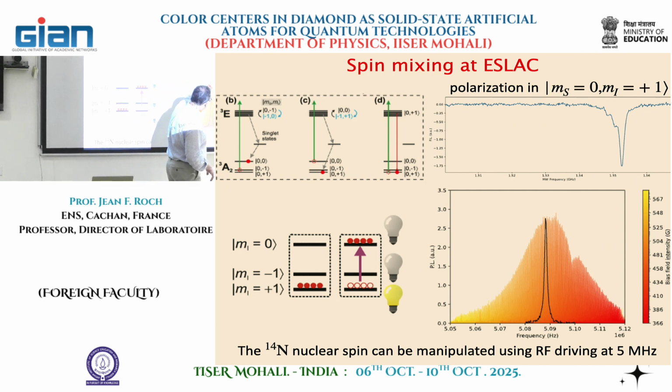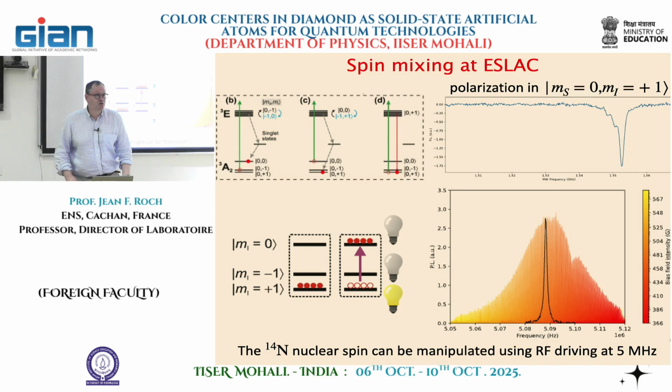And what's also interesting when we are here is that we see some dips, and these dips are associated to the coupling, a spin exchange, with the electron spin of nitrogen atoms that exist in the sample and that were not converted into active NV centers.